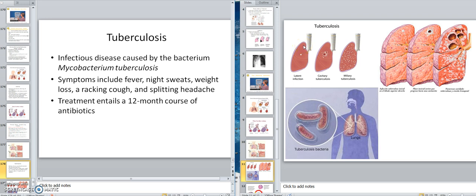This has better ventilation. So there's a lot of good air up there, and that's where it starts. Then it can increase unless we treat it, and finally cause cavitation and everything. That's what we call fever, night sweats. Night sweats is very characteristic of this. Racking cough, spitting blood, and so then we use antibiotics for that. So that's kind of TB.